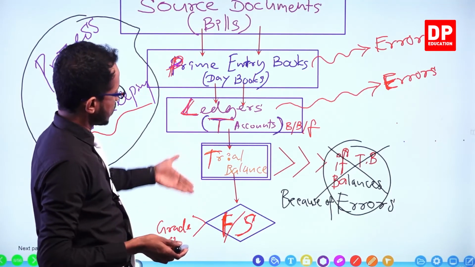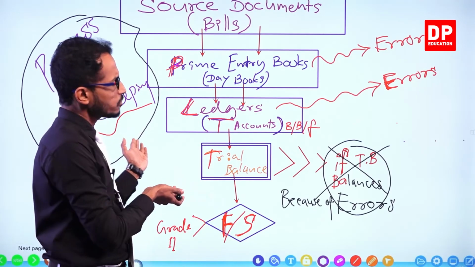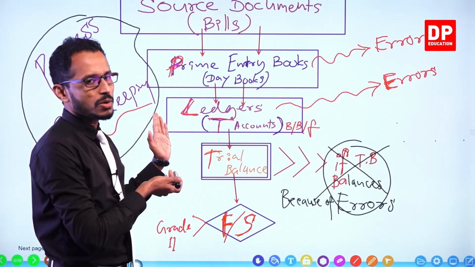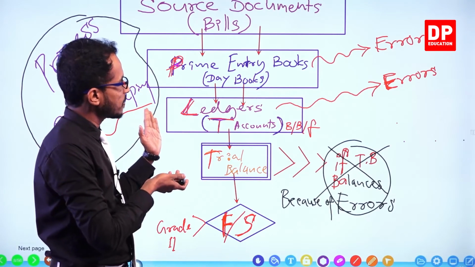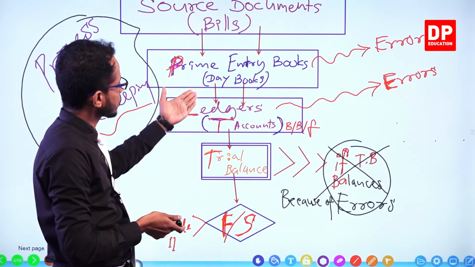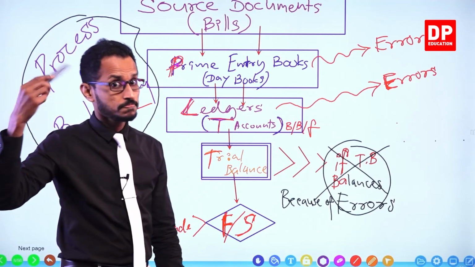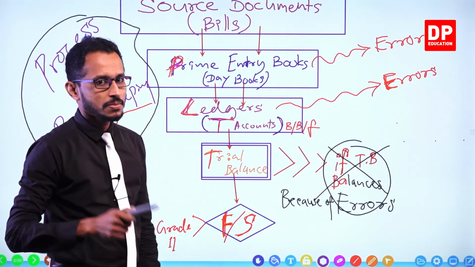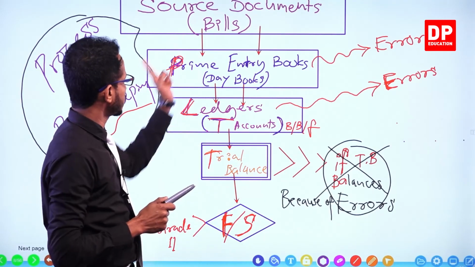It's so very clear now. If you want, you can take screenshots, but you must already have them, because we discussed this bookkeeping process earlier. In the previous trial balance lesson, I gave you this bookkeeping process.